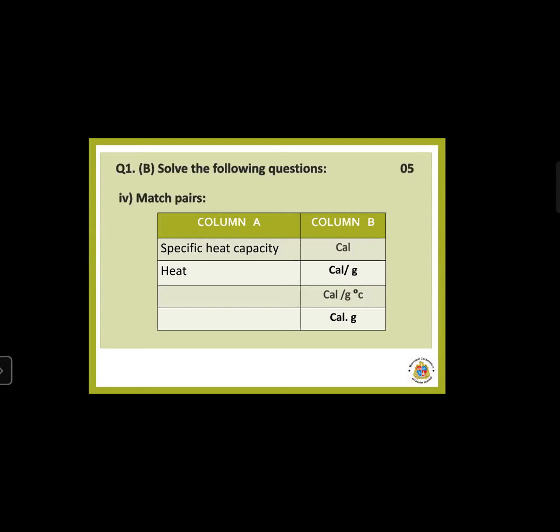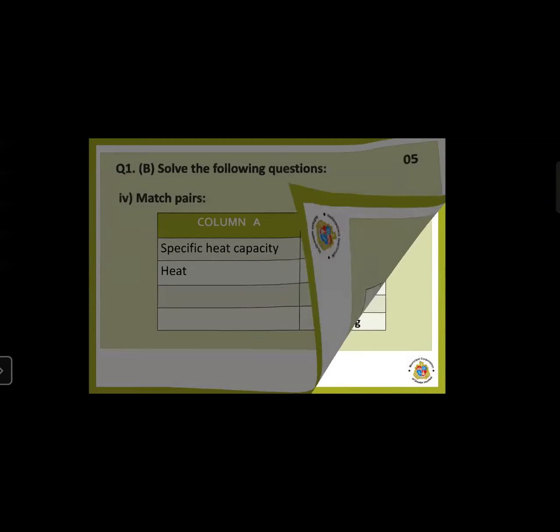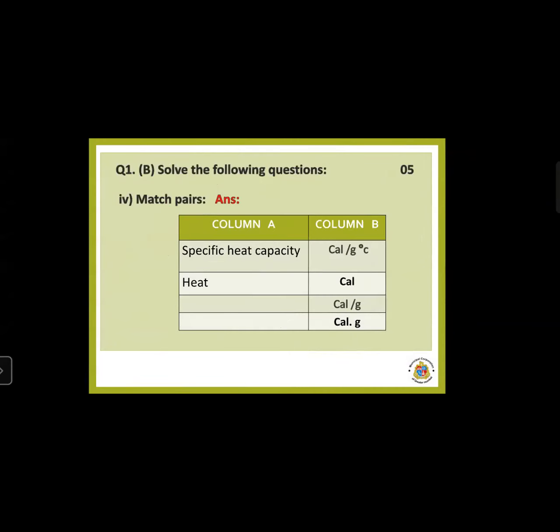The unit of specific heat capacity is calorie per gram degree Celsius, and the unit of heat is calorie. So this is the right answer.